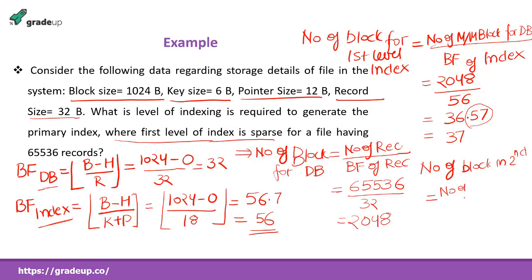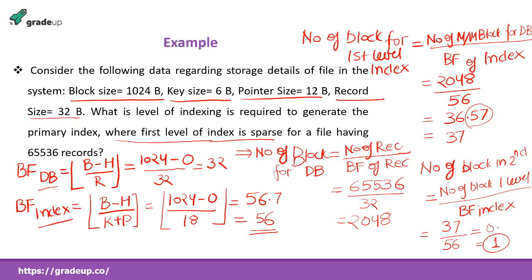Number of blocks in first level divided by block factor of index. Then 37 divided by, what is the block factor for index? 56. Then we are going to have something in point, let us say 1. So second level of index is having only one block.